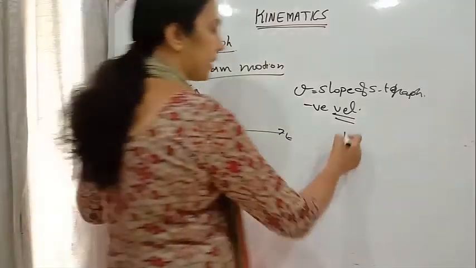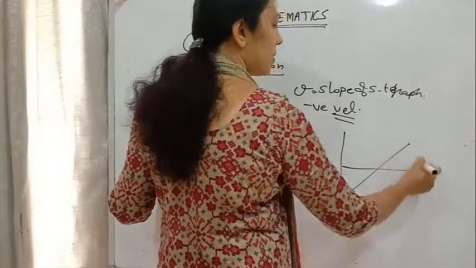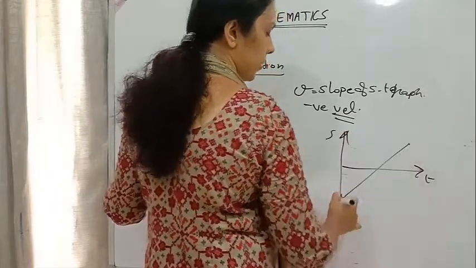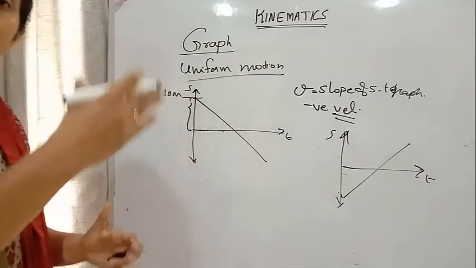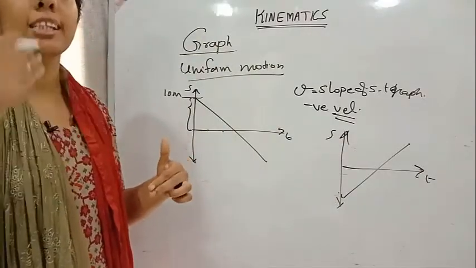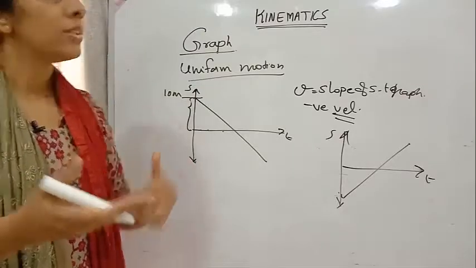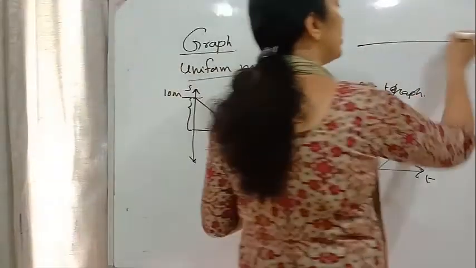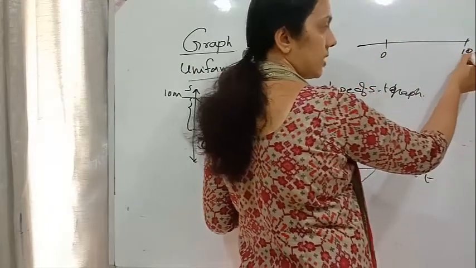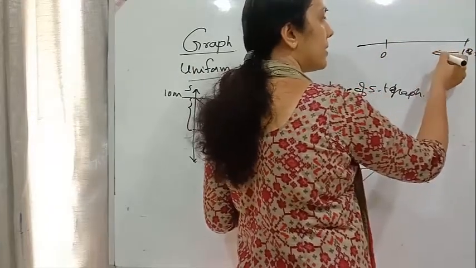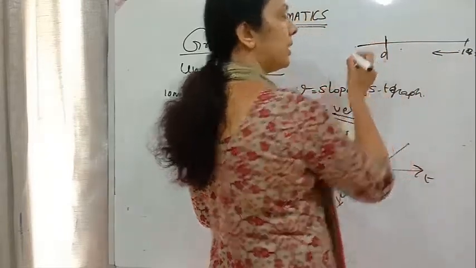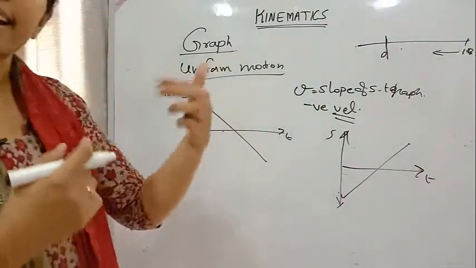If you are getting a graph like this instead, what did you understand from that? It is positive velocity. Velocity will be positive if it is moving in the upward direction. That means as time increases, displacement is increasing. If the object is at a position 10 meter from the origin when we started our observation, and after that it is decreasing its distance, coming to 0 and going to the negative direction, that means negative velocity.